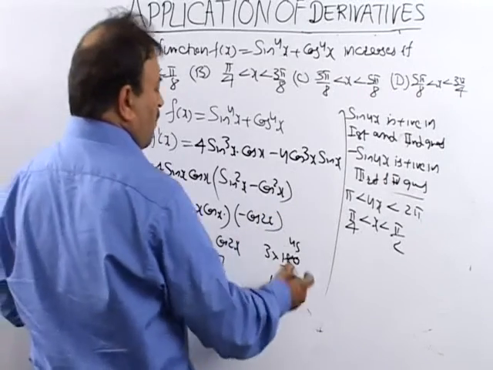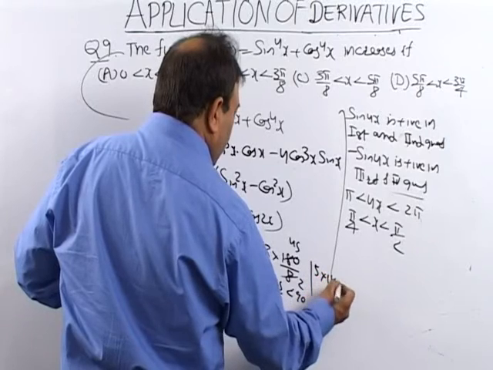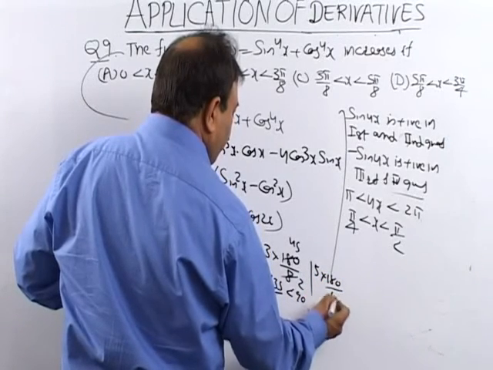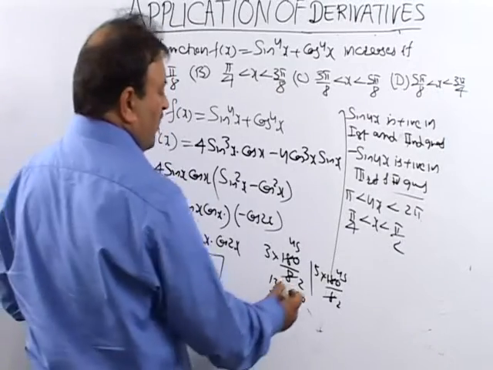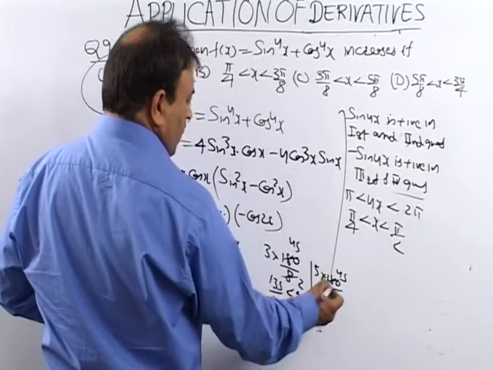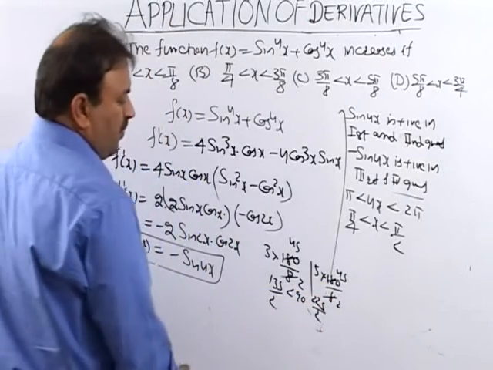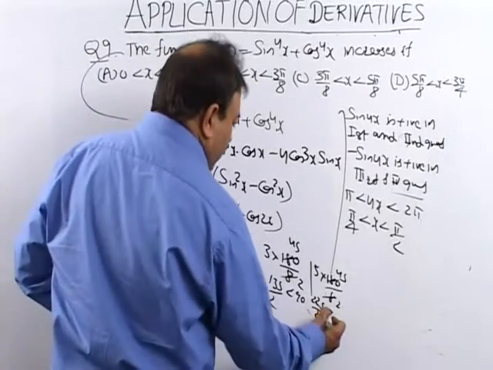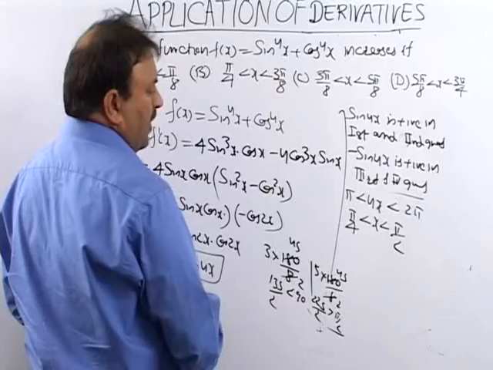Then we go for 5 pi by 8. 5 into 180 upon 8 is 45 into 5, which is 225 by 2. It is greater than pi by 2.